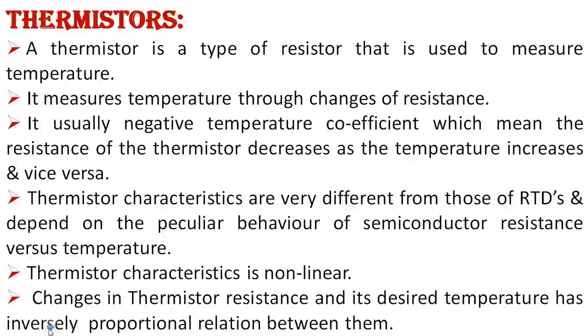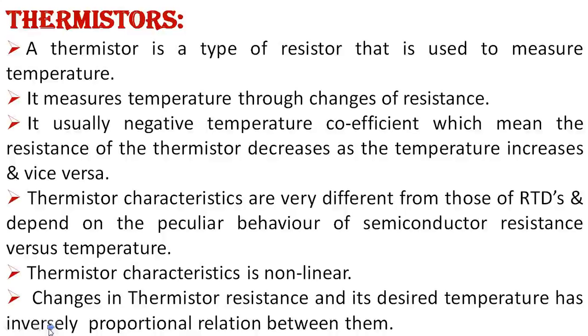A thermistor is a type of resistor used to measure temperature. It measures temperature through changes of resistance. It usually has a negative temperature coefficient, which means the resistance of the thermistor decreases as the temperature increases, and vice versa. So thermistor resistance increases when temperature decreases.